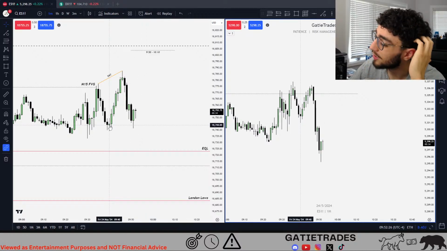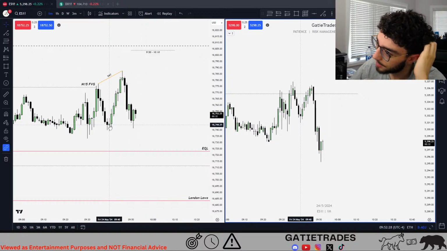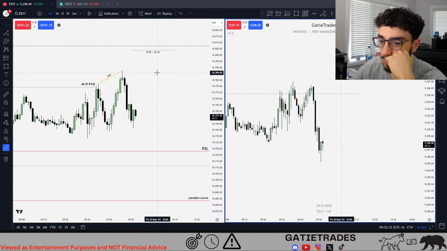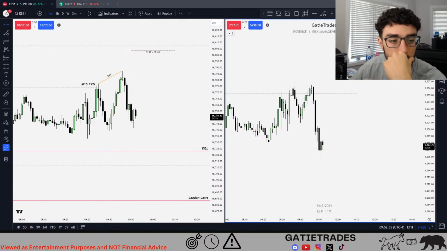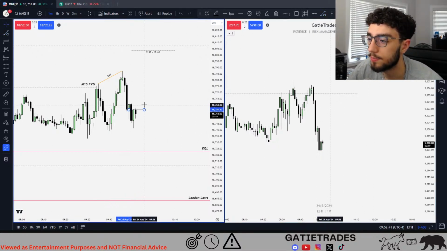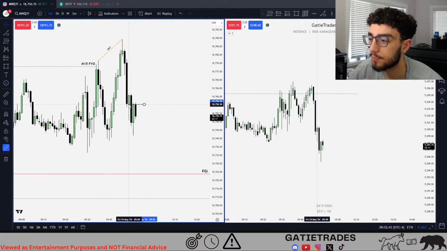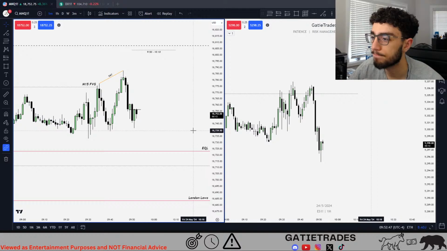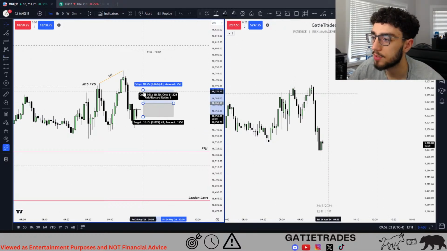Because we didn't make a lower low here, I don't really want to take the trade on Nas. At this point, I'll look for the breaker. We traded back into this candle. I think I'm happy with something like this too.